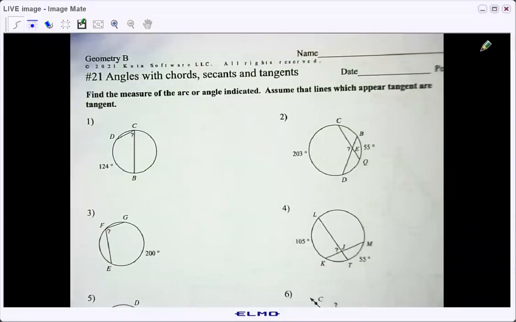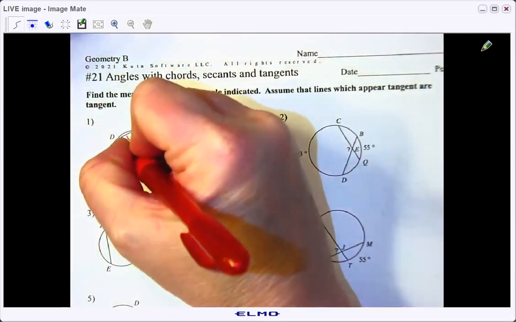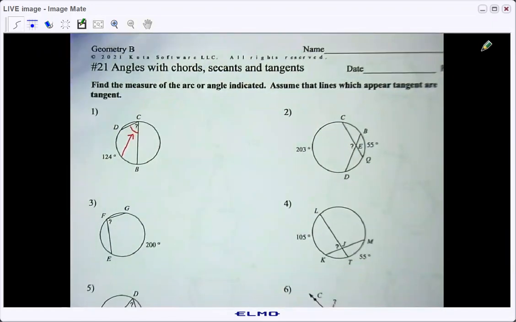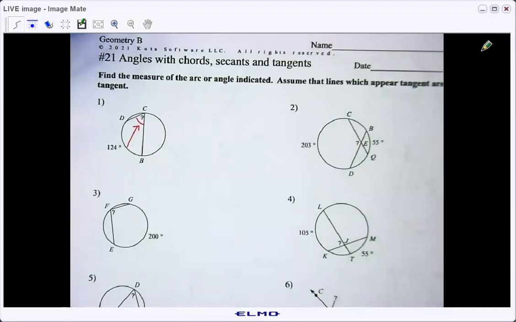So assignment number 21, number 1, we're looking for this angle. Go ahead and put your answer in the chat box. There's lots of easy opportunities to participate. And remember, if you don't know, you can just simply say IDK. At least I know you're awake and you're tracking with me.